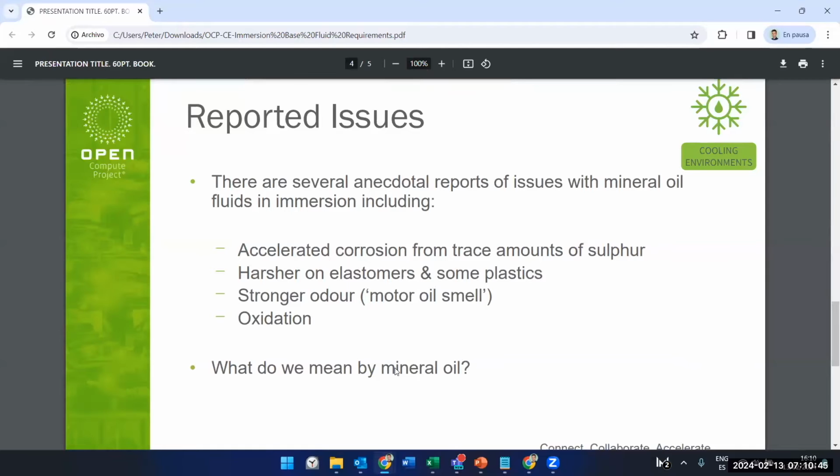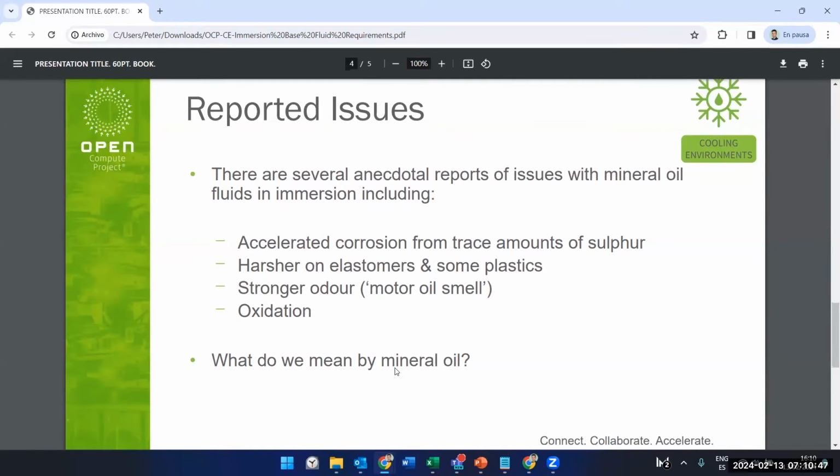In addition to that, there have also been historically several anecdotal reports of issues with mineral oil fluids in immersion. Typically you would hear things like potentially accelerated corrosion from trace amounts of sulfur, poorer material compatibility, especially when it comes to elastomers and certain plastics, and odor issues.